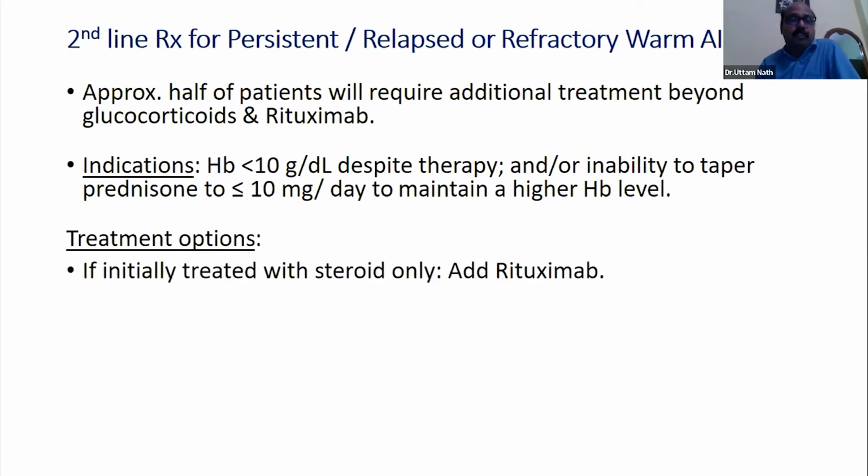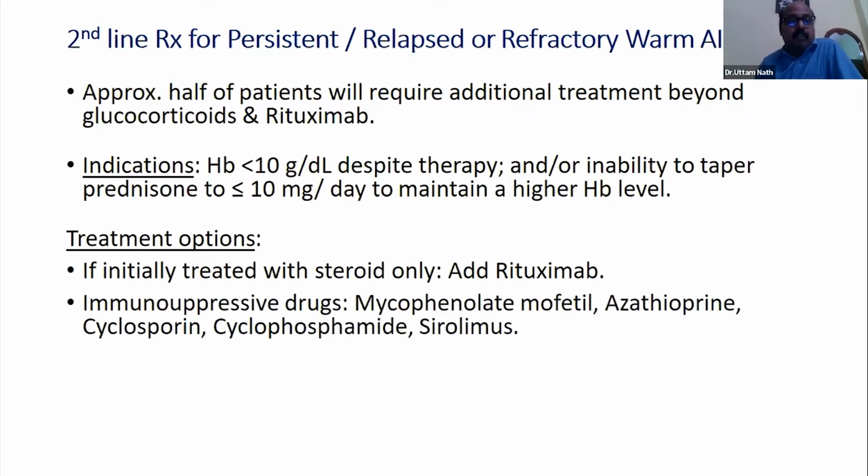Okay, so these are the indications of starting second line therapy. What are the treatment options? If only steroid was used initially, then we can go for rituximab monotherapy or rituximab plus steroid. If rituximab has been administered earlier and disease has relapsed, we can either go for another course of rituximab if it's more than 6 months from first therapy, or we can go for other immunosuppressive drugs like mycophenolate, azathioprine, cyclosporine, cyclophosphamide.